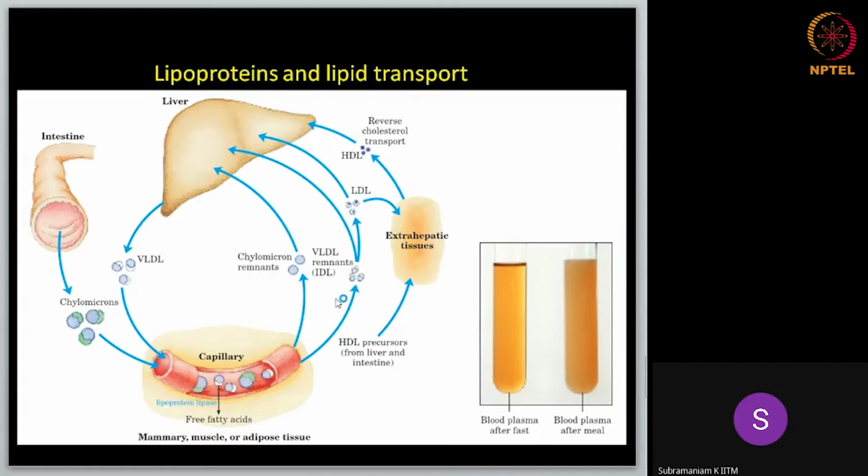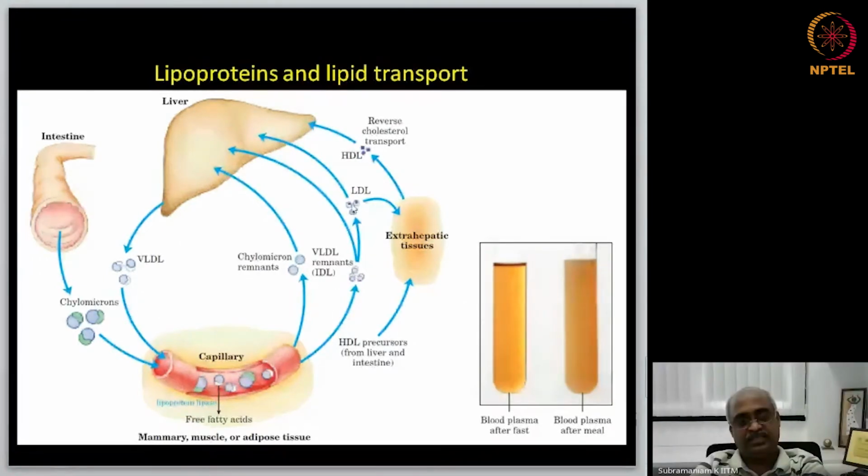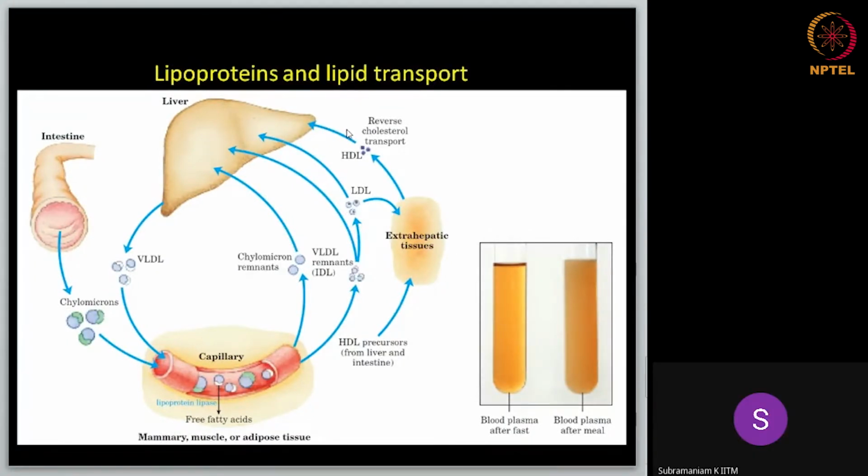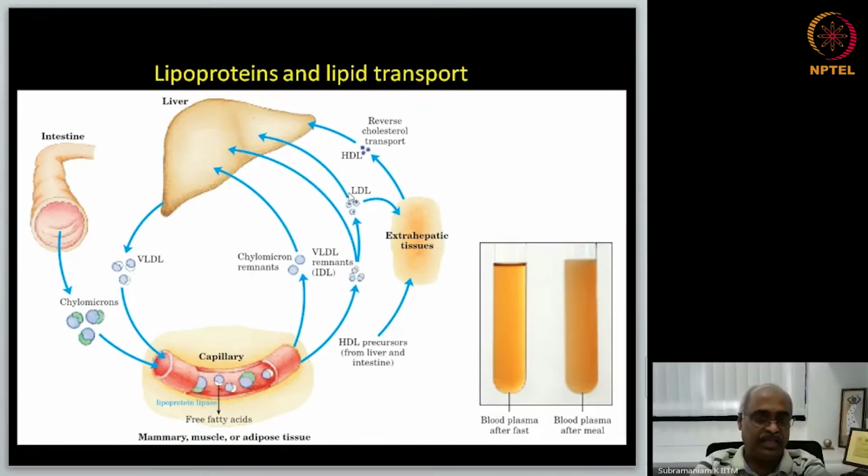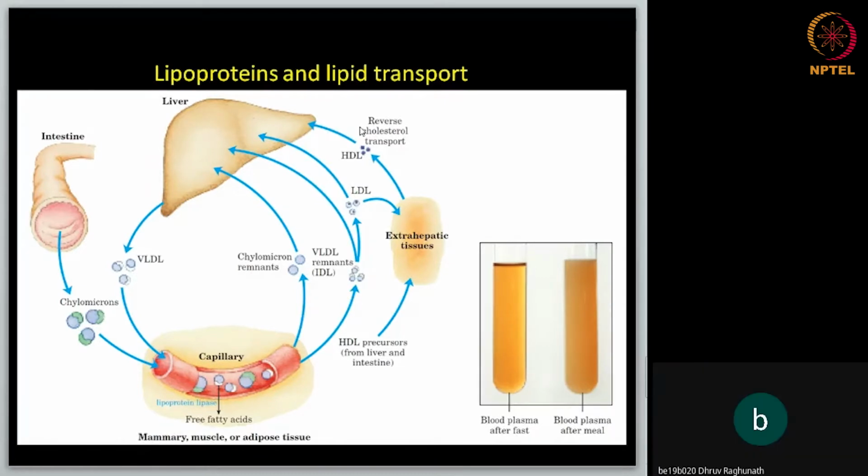LDL essentially, after the triacylglycerol is taken away from VLDL, is whatever remains, the primarily cholesterol-enriched version, and that is to be taken up by the tissues. So they do different jobs, and that is primarily coming from the different apolipoproteins. So it's basically functional separation.